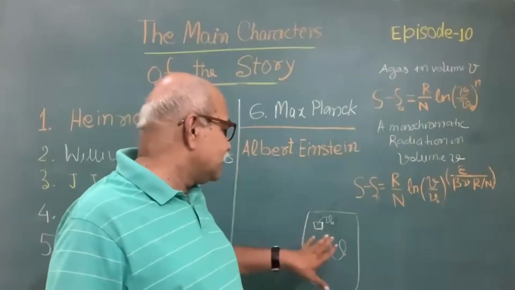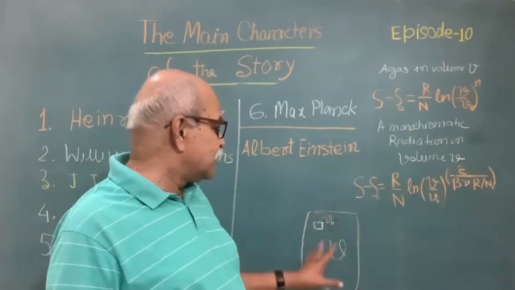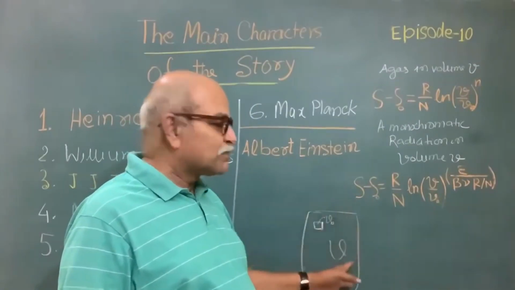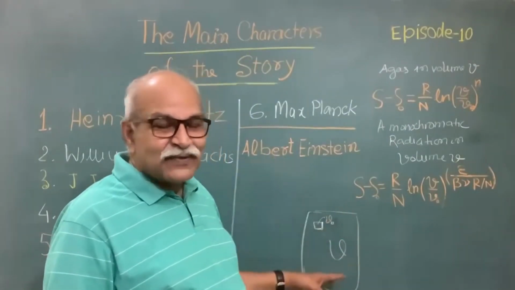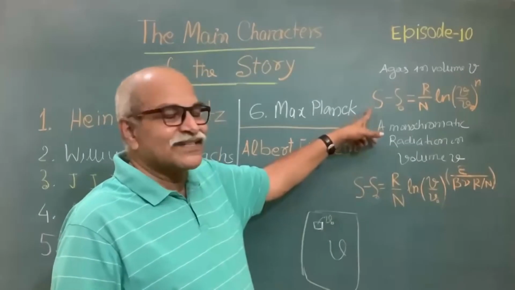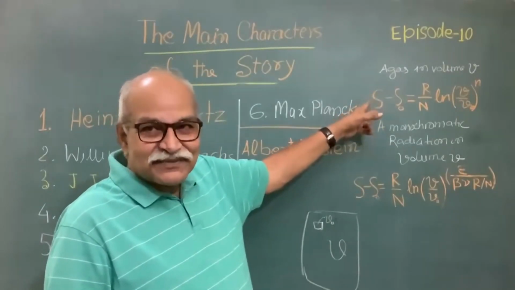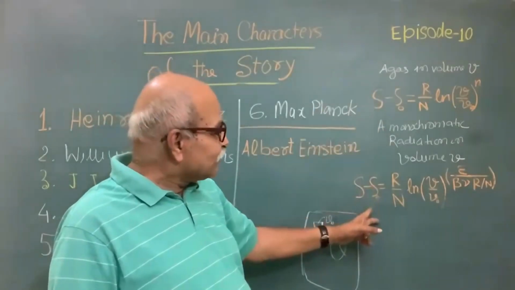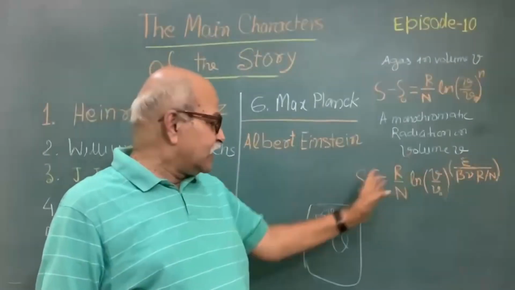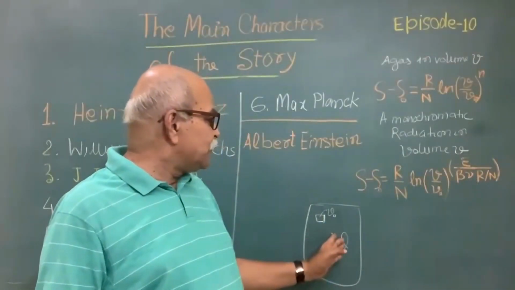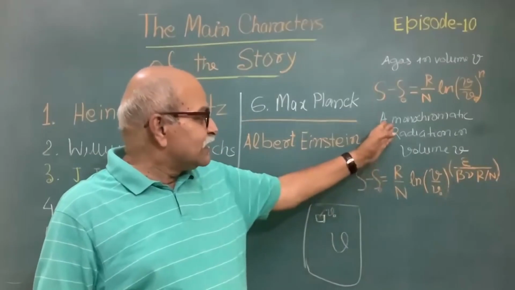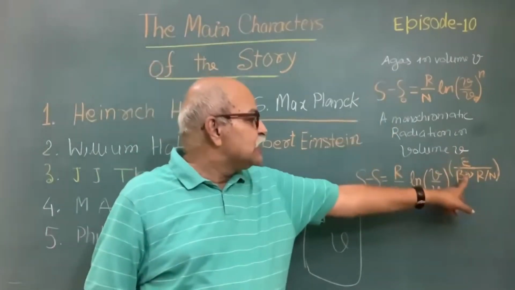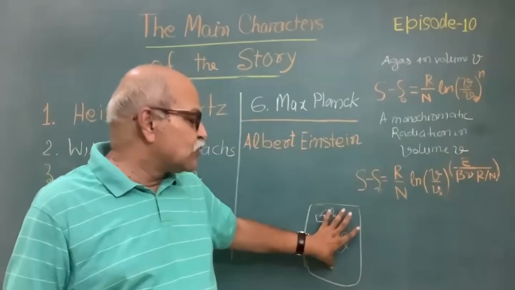And in general, when it is all equilibrium and stable and all the molecules are spread over according to their choice, then the entropy is this S. So this is the meaning of this equation. And this equation, same thing. Again, you have a chamber of volume V, and this monochromatic radiation of frequency nu is spread over this.